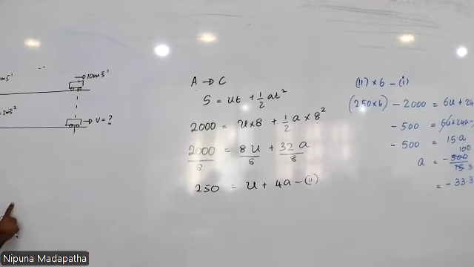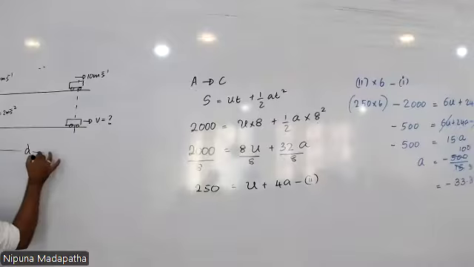By looking at this diagram, what can you say about the displacements done by the bus and the car when the car overtakes the bus? The displacements must be equal because they started their motion at the same point. When two bodies start their motion at the same point, and after a time they meet again, or one overtakes the other, the displacement done by both bodies must be equal.